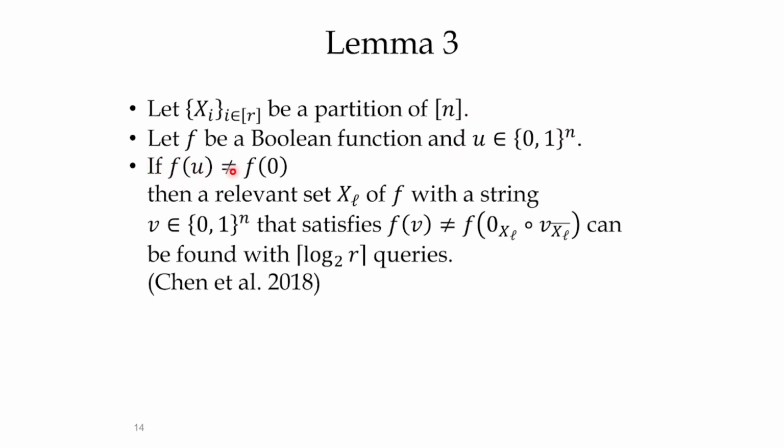If f(u) is not equal to f(0), then a relevant set X_l of f with a string v, also a Boolean vector with the length n, that satisfies f(v) not equal to f(0_{X_l} concatenated with v_{X̄_l}) can be found with ⌈log2 r⌉ queries, and you see it's rounded up. This was found by Chen et al.